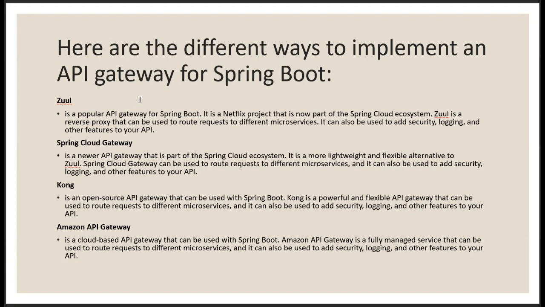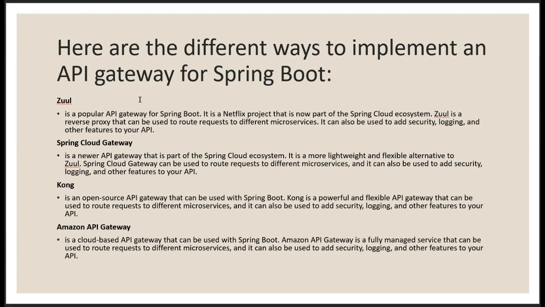Kong is an open source API gateway that can be used with Spring Boot. Kong is a more powerful and flexible API gateway that can be used to route requests to different microservices. It also supports security, logging, and other features.